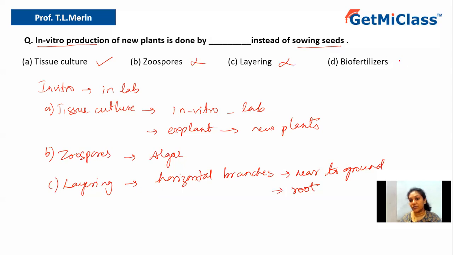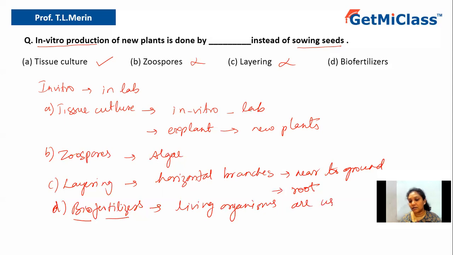Option D says biofertilizers. So what are biofertilizers? As the name indicates, bio means living, so living organisms are used as fertilizers.